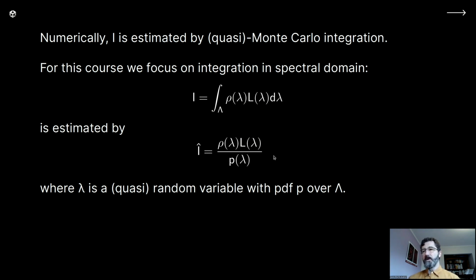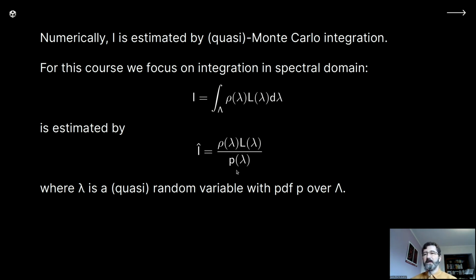It matters only when we combine many of the samples in one multi-sample estimator. So if we focus on the one-sample estimator, then we have to sample a variable lambda and plug it into this expression to get an estimator. So of course, there is a latitude in choosing this PDF p.